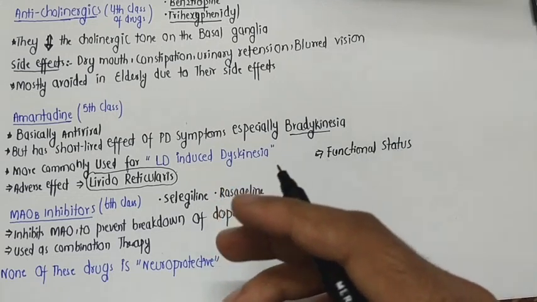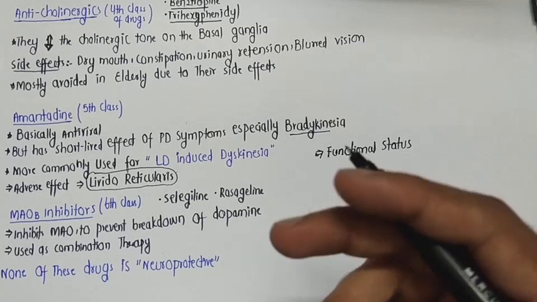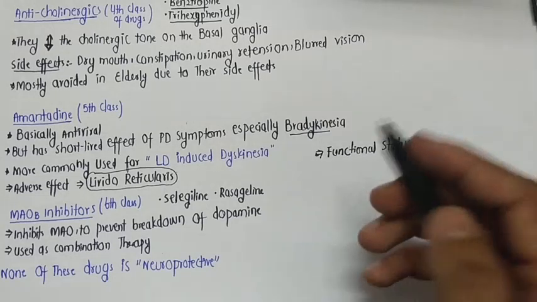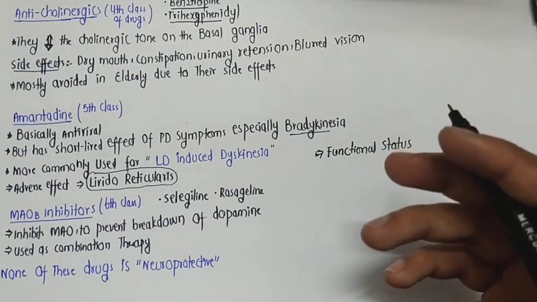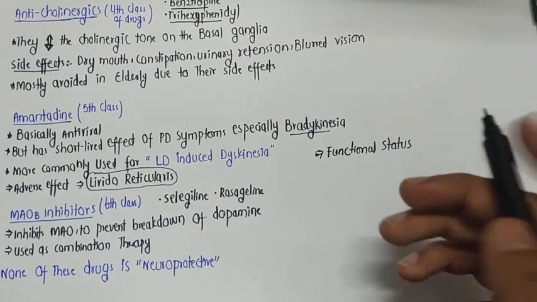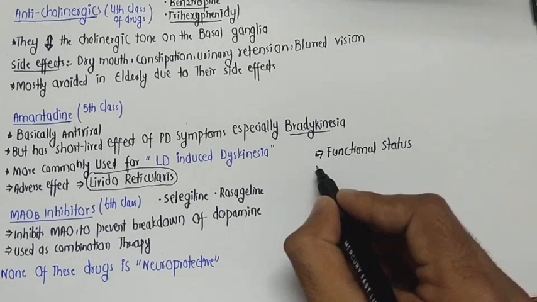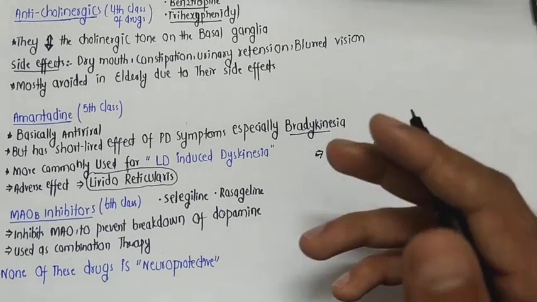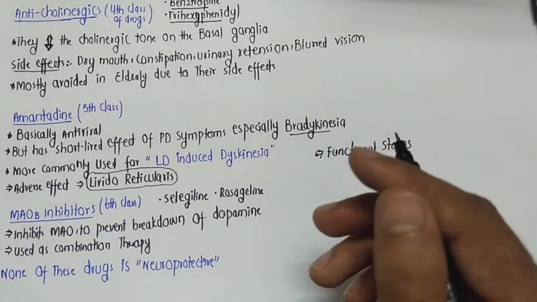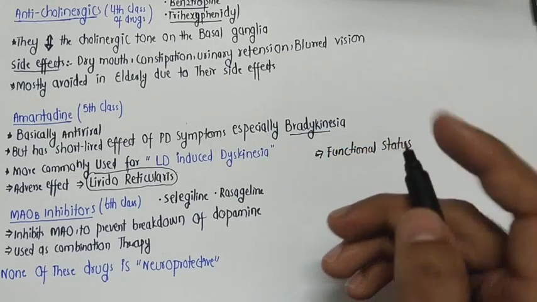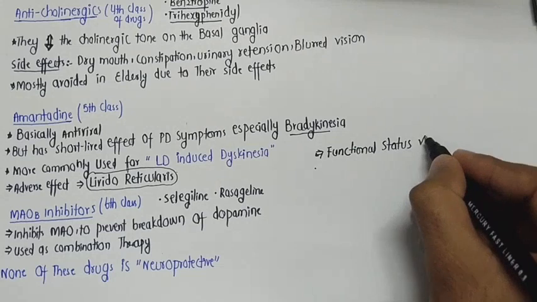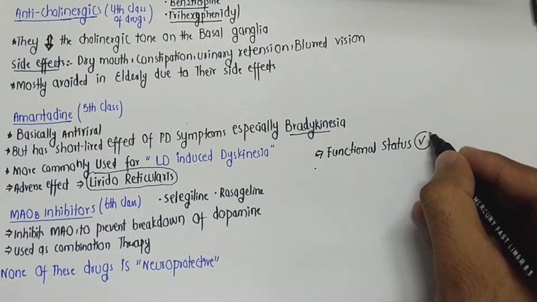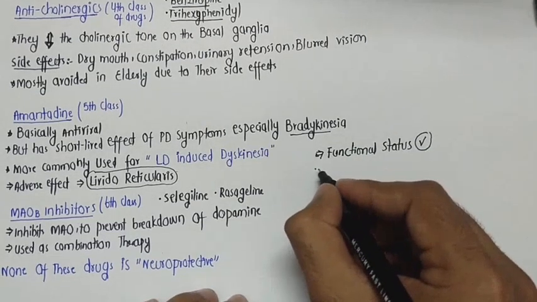If the patient is able to take care of himself or herself, meaning the functional status is not compromised yet, you will not go for levodopa and carbidopa. You will go for anticholinergics.